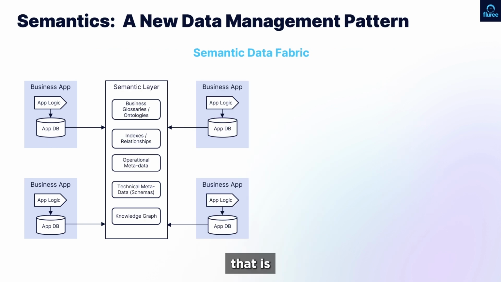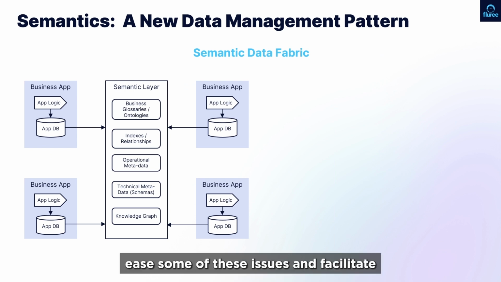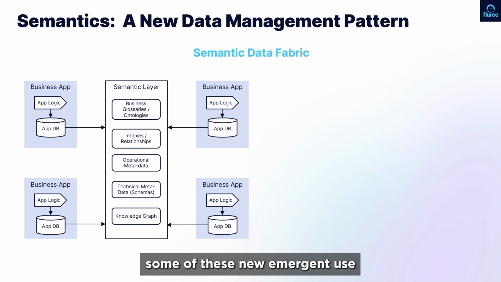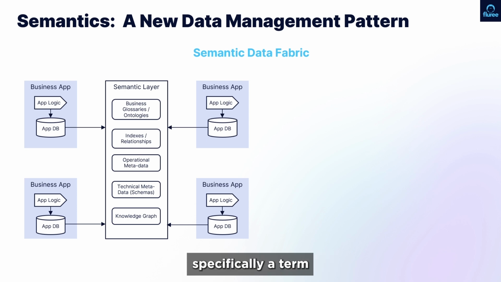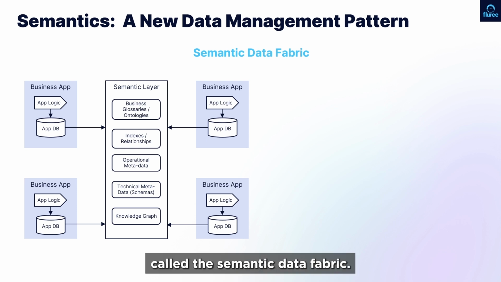The new pattern that is emerging to help ease some of these issues and facilitate some of these new emergent use cases is using semantics, and specifically a term called the semantic data fabric.